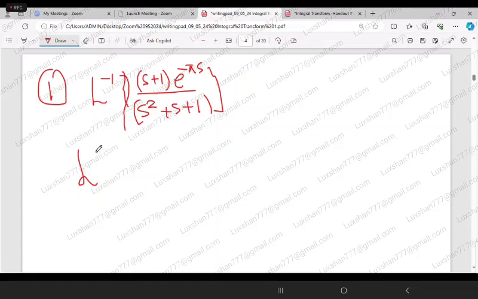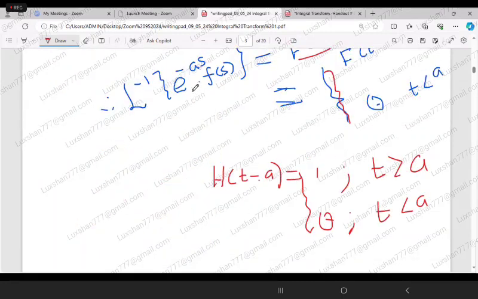Now, look at here. First, I'm going to find the inverse Laplace transform of (s plus 1) over s squared plus s plus 1 first. Then you see, e to the power minus as is multiplied with this F(s).